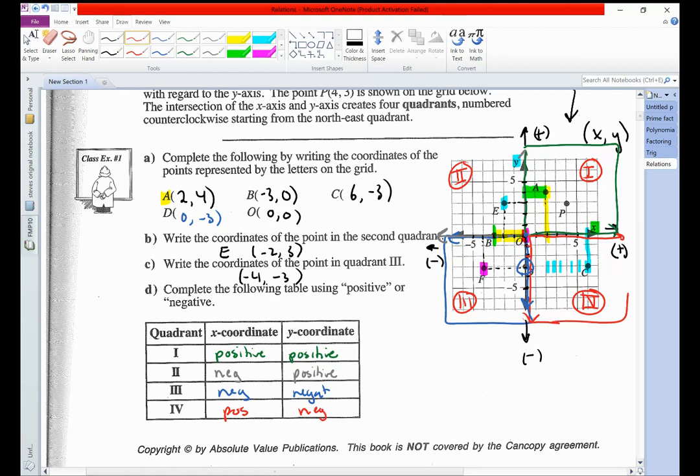It's that quadrant right there. There you go. So whenever we do ordered pairs, these coordinates here, we always do x first and then y. Don't get that mixed up.